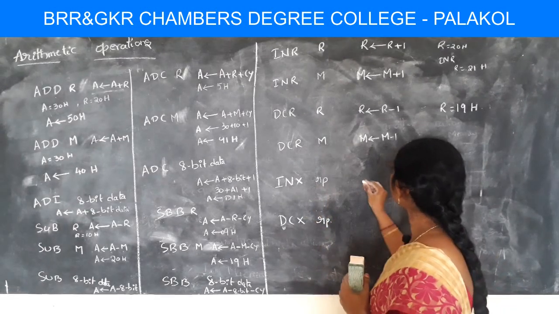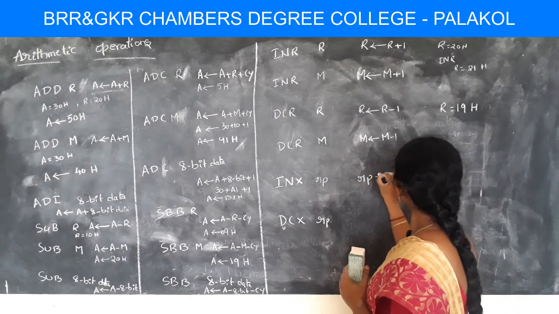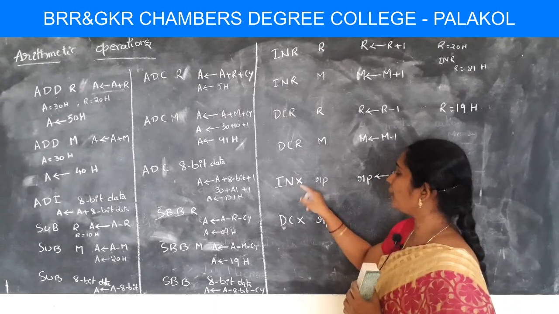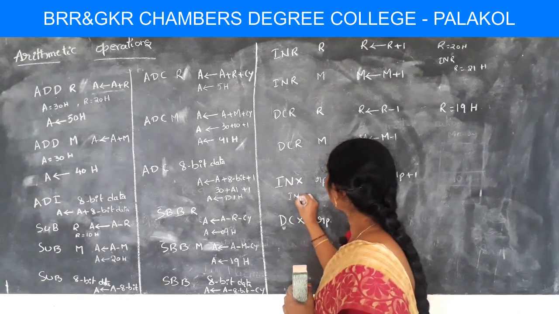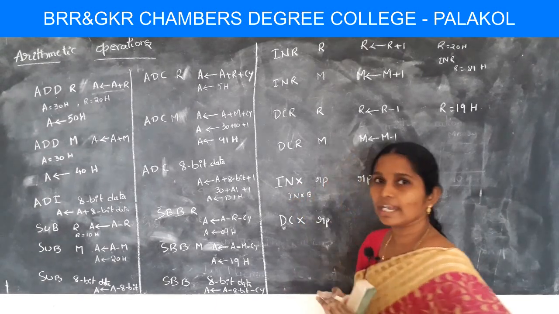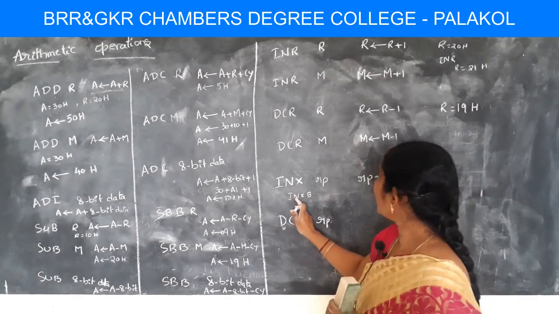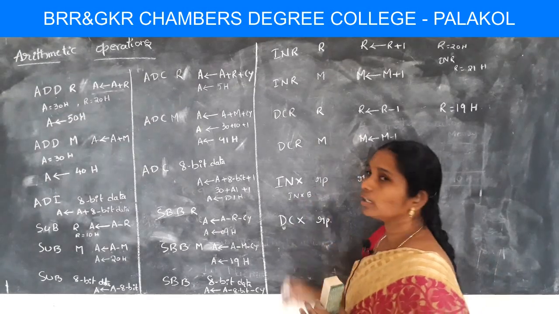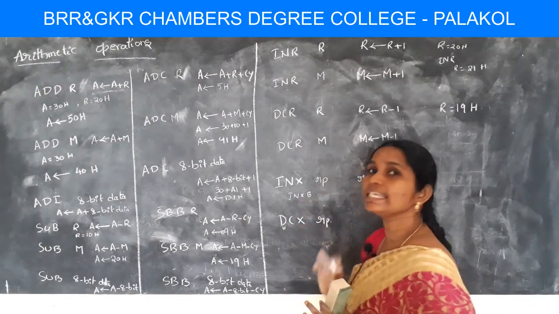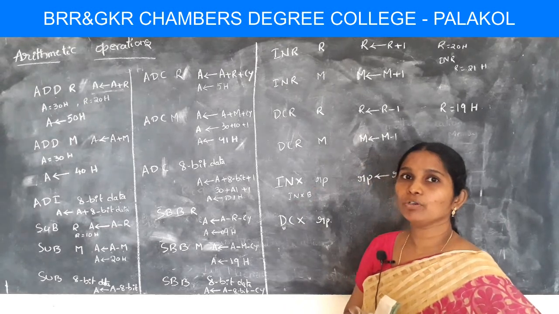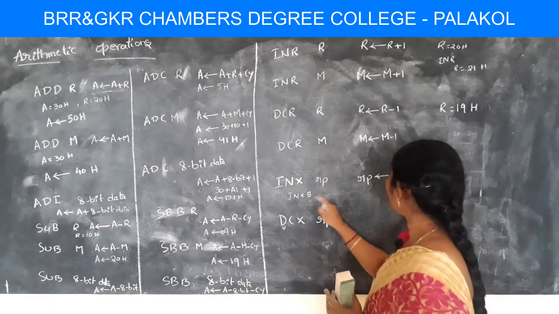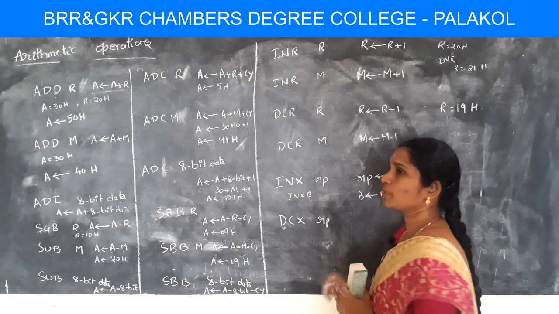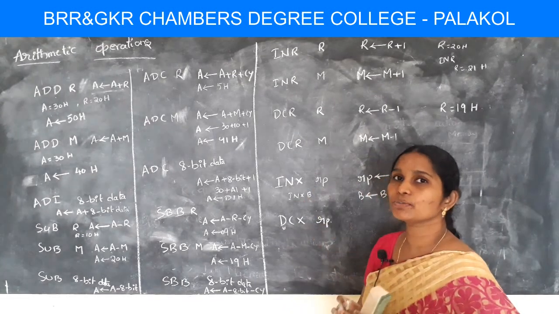The meaning of this instruction is RP tends to RP plus 1. For example, INX B: the meaning of this instruction is we have to increment the BC register pair. X will represent the register pair.